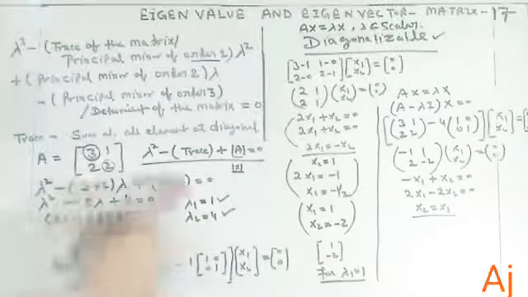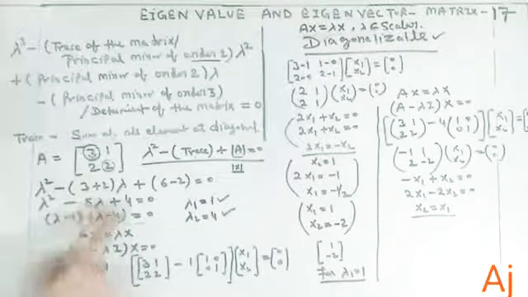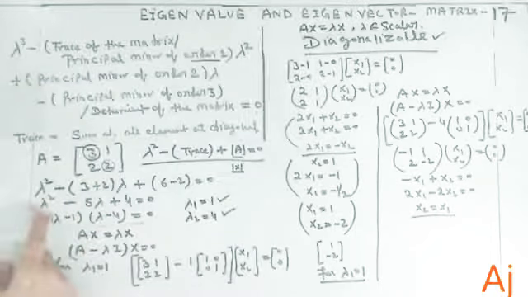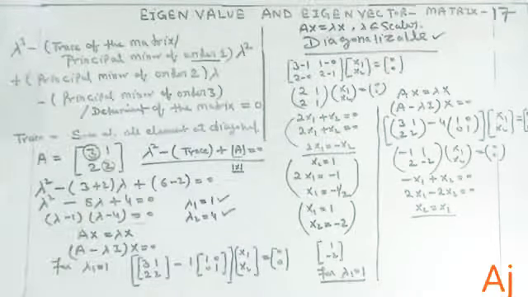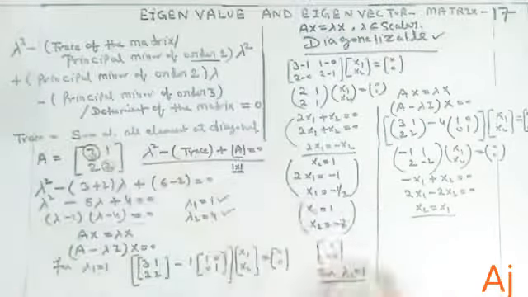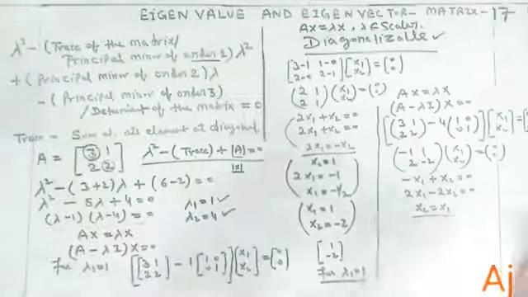Lambda square minus 5 lambda plus 4 is equal to 0. You can write anything, here I have written lambda. So there are only two lambda that will satisfy this equation, but the eigenvectors are infinite, it's totally dependent on you. Now you can take any value.